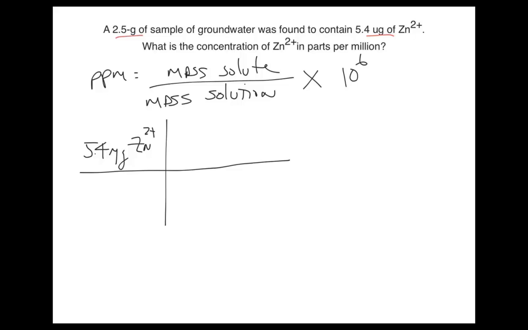It doesn't matter which one to use. So we're going to use here that 1 microgram of zinc 2+ is equal to 1 times 10 to the minus 6 gram of zinc 2+.